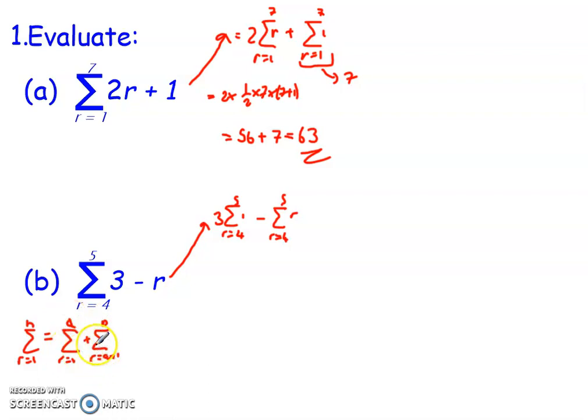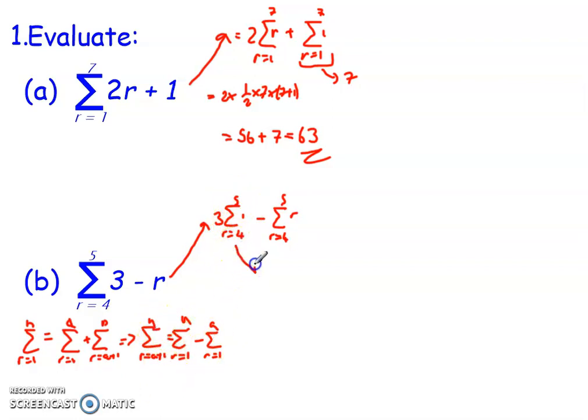And I can then equate this and shift it around to say, therefore, the sum from r equals a plus 1 to n is equal to the sum from r equals 1 to n, take away the sum from r equals 1 to a. So I can use this format for these ones because if r equals 4 to 5, that means a plus 1 is 4, n is 5.